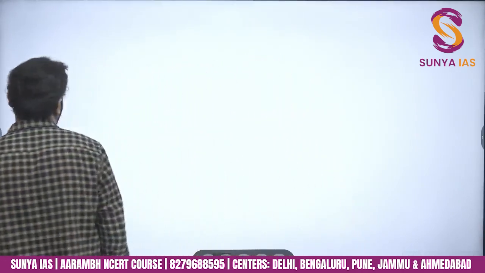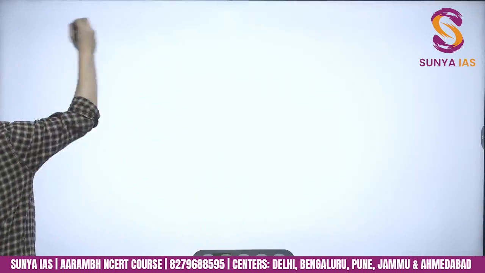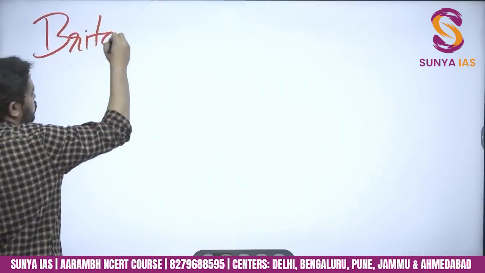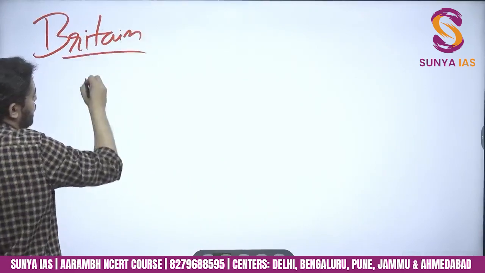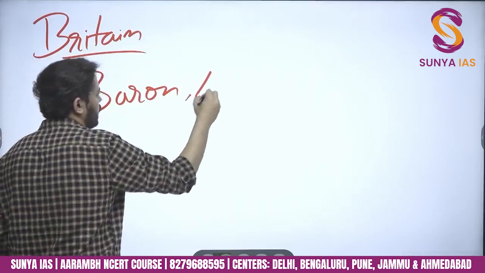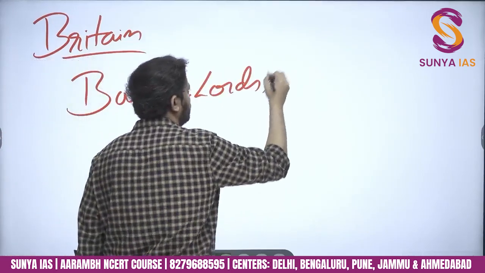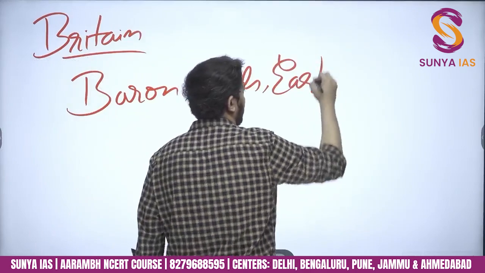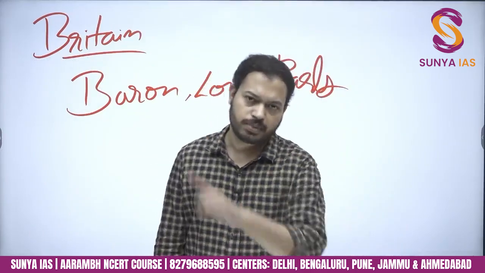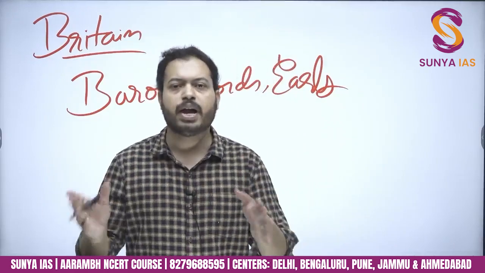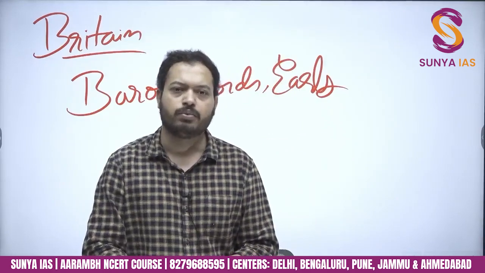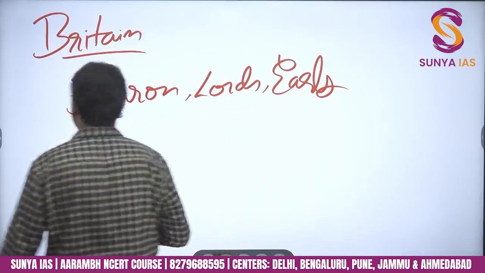But in Britain there was already a system of barons, lords, and earls. In this British system, back in Britain, there was defined proprietorship of the land, which was usually in the hands of the barons.